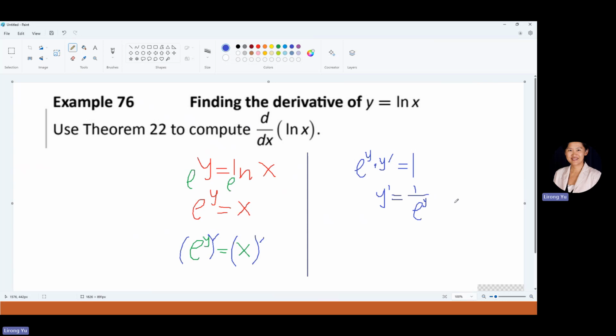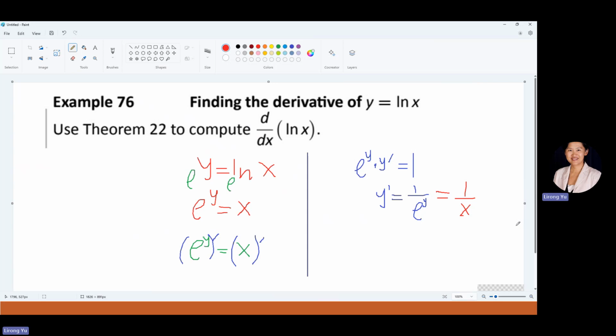And then again, whenever we find the derivative, we wish to represent it with the original variable. You don't want y prime equal to a formula in y. You want y prime to have the x formula. So we go back to our process to find out exactly what e to the y is equal to. It is equal to x. Because of that, this is equal to 1 over x. And that proves that the derivative of the logarithm is 1 over x.